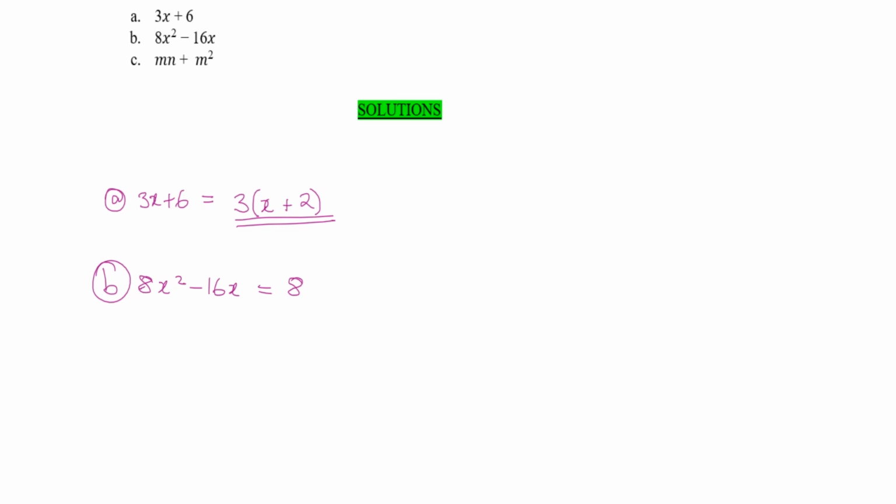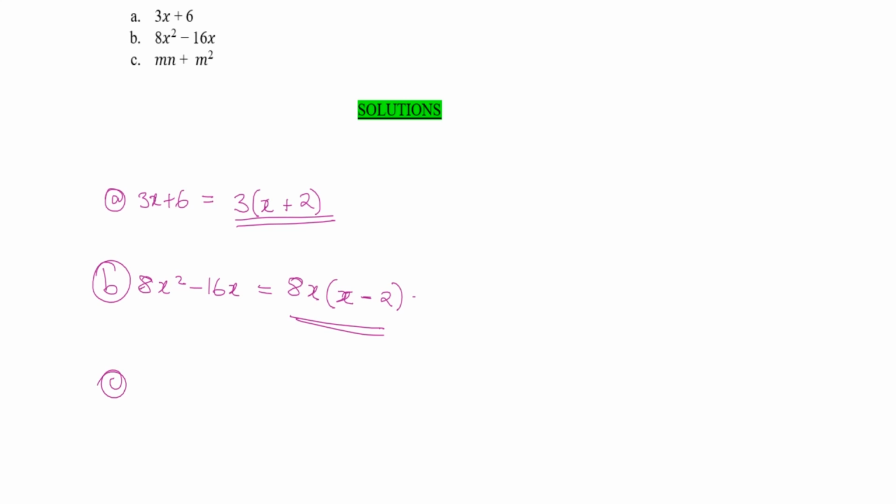The highest common factor of x squared and x is just x. So we open the brackets: 8x into 8x squared, we'll just have x, then minus 8x into 16x, we're going to have a 2. So it will just be 8x minus 2. That will be our answer.